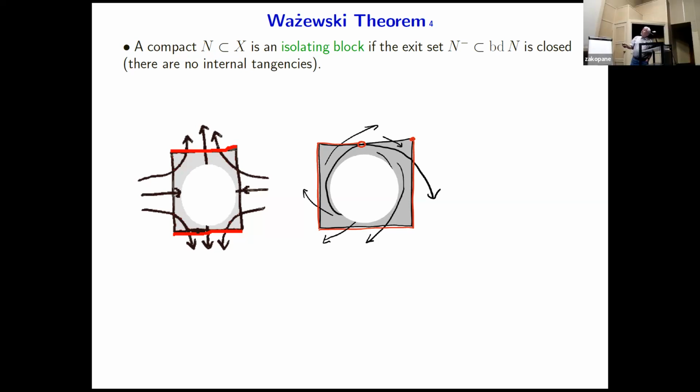and if this set is compact, like on the left side, because on the right side, it's not compact. This point is no longer an exit point, but arbitrarily close to points in the exit set. So this compactness actually may be reformulated as the situation where these internal tangencies are not allowed. This is part, actually, of the proof of the Ważewski theorem.